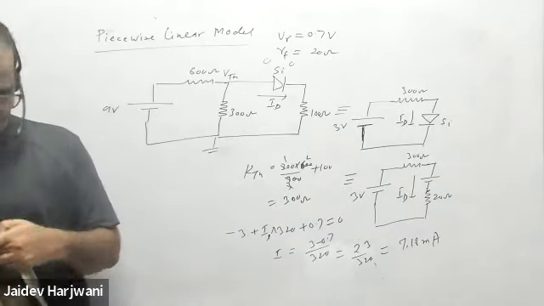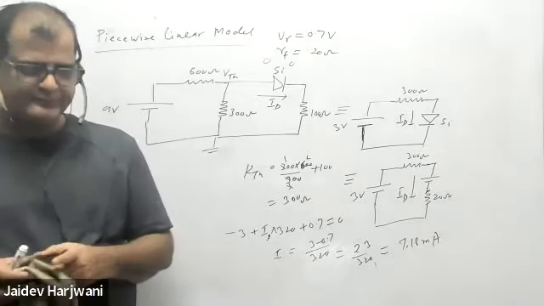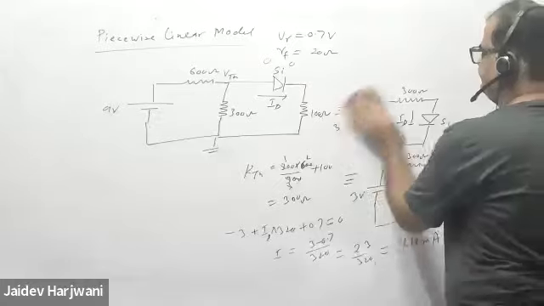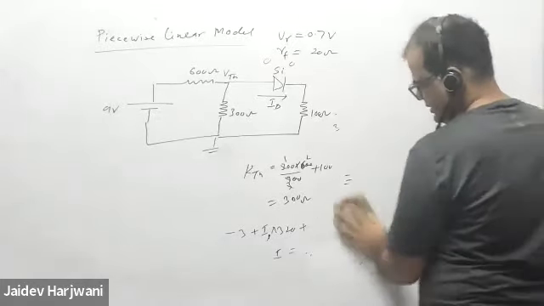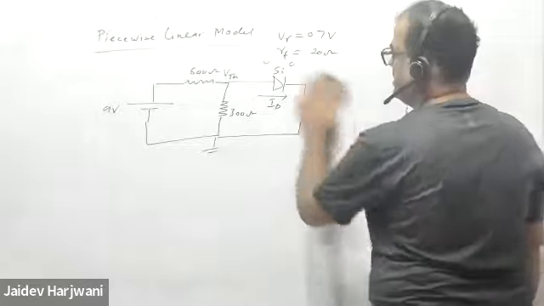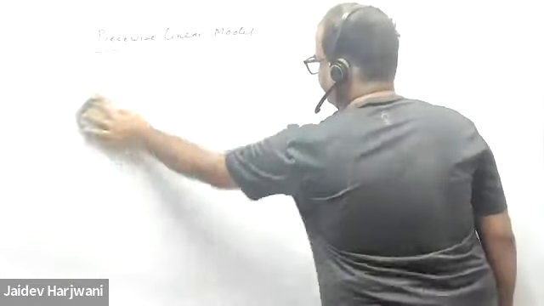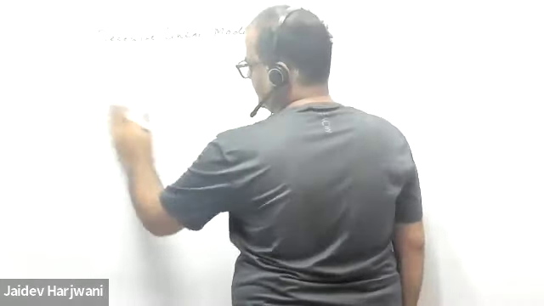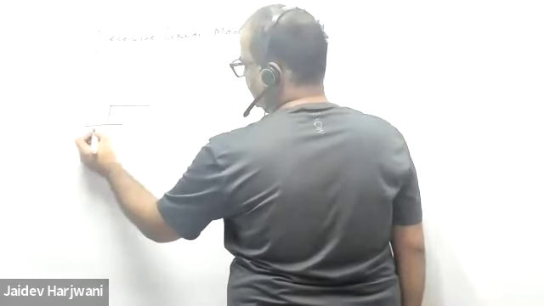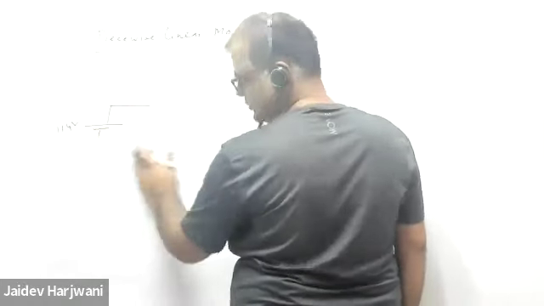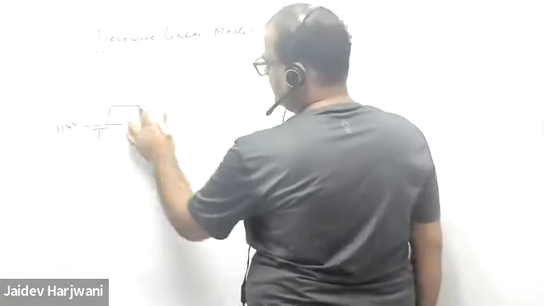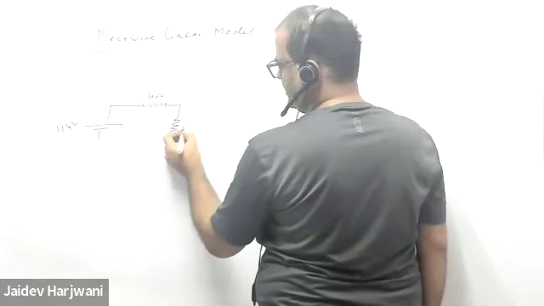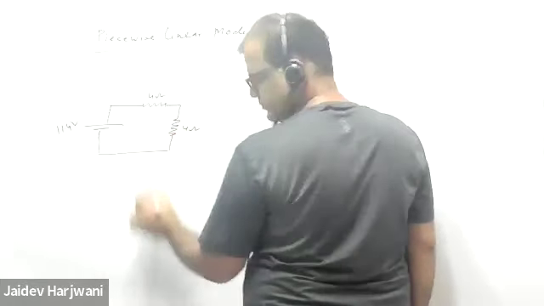Clear? Now let me do one more problem to demonstrate this model. Say I have a voltage source of 11.4 volt. Here we have 4 ohm, here we have a 4 ohm.